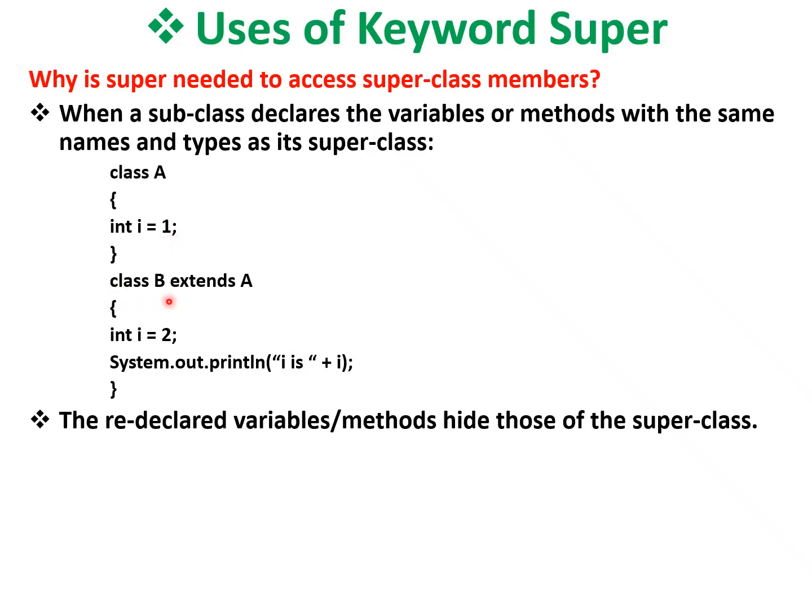Class B extends class A. Again, class B contains int i with the value 2. If we print the i value, we get the value 2. If we want to print the value 1, we apply the super keyword, super.i, and then we get the value 1.